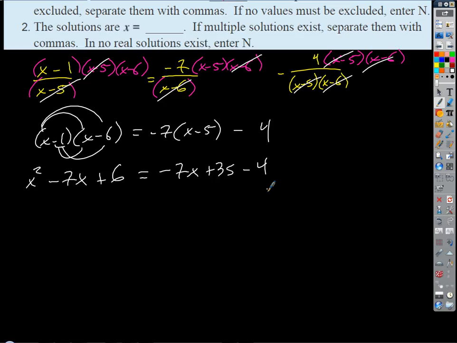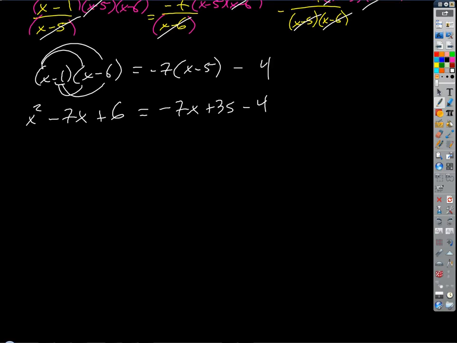minus 4. Okay, Casey, which side am I going to push everything? How come? Do you see any x squareds up there? Yes, there's an x squared. We want that to be positive, don't we? So we're going to leave it over there, right?